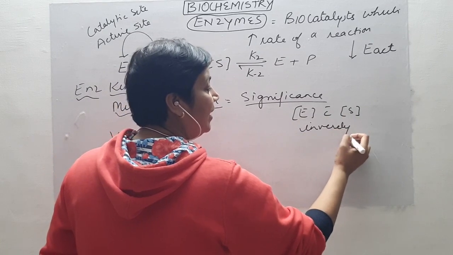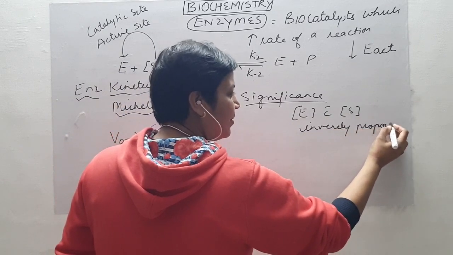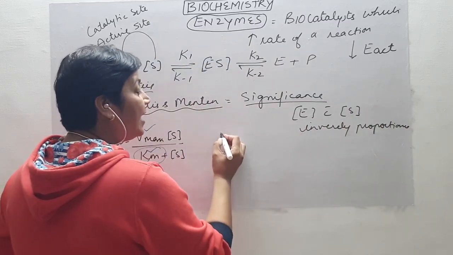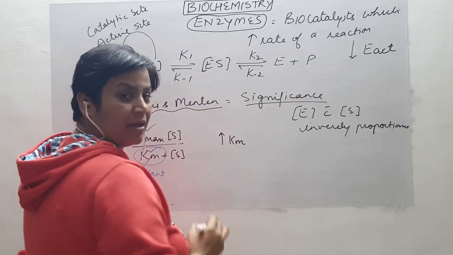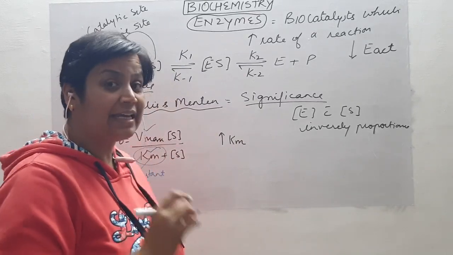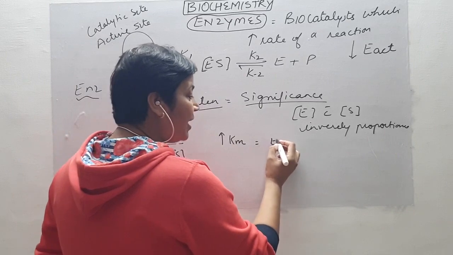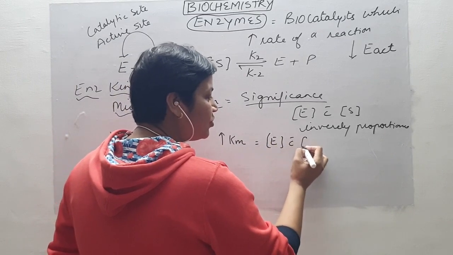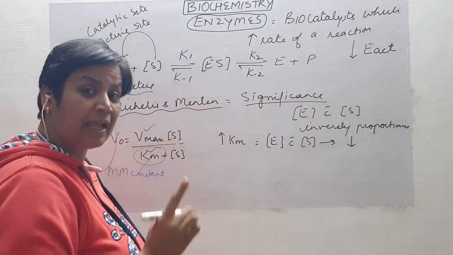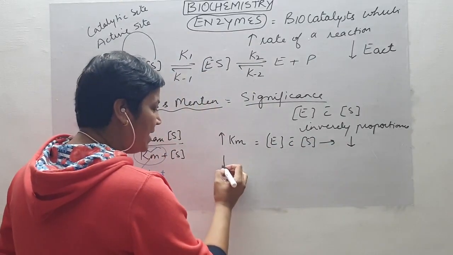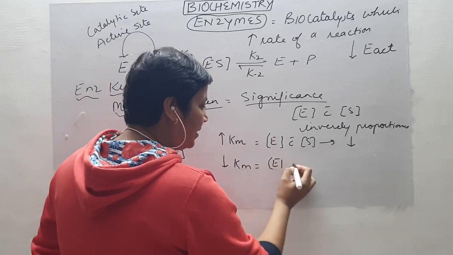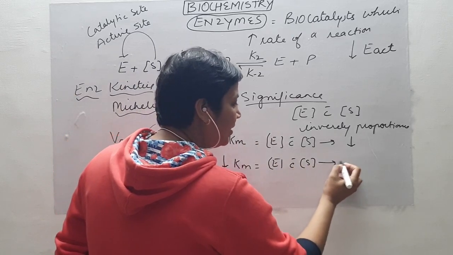Very important again. Inversely proportional means if an enzyme has high Km, again I am repeating it, the affinity of the enzyme with the substrate will be low. And if the enzyme has low Km, the affinity of the enzyme with the substrate will be more.